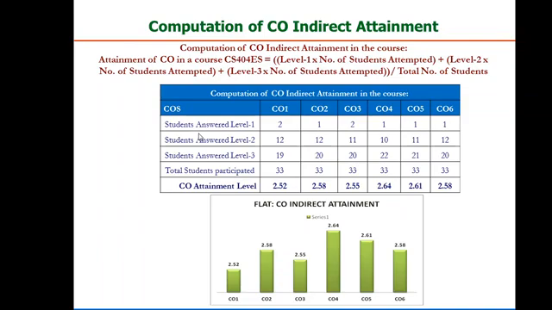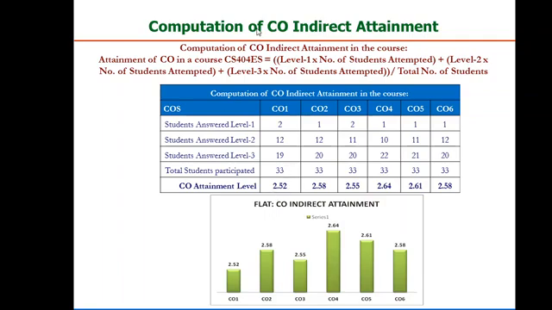For CO1, 2 students answered with level 1. Then same CO1, 12 students answered with level 2. Same CO1, 19 students answered with level 3. Total number of students participated in this class for the feedback is 33.